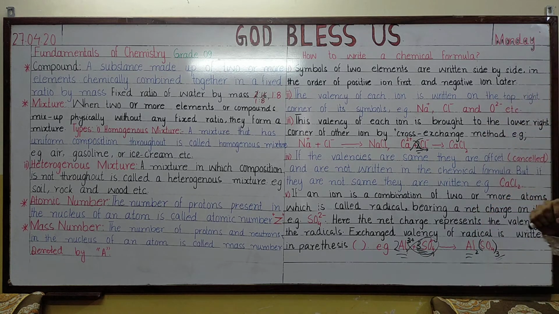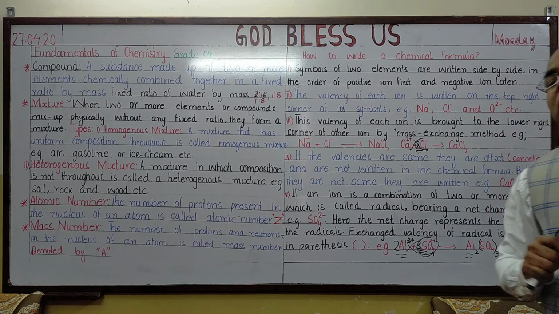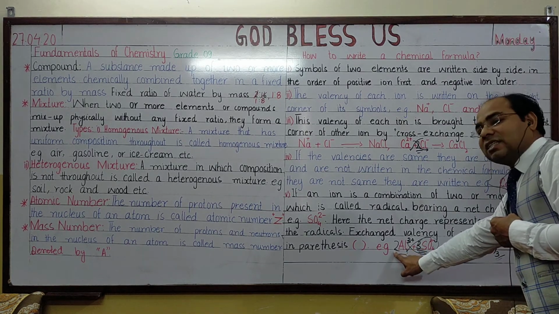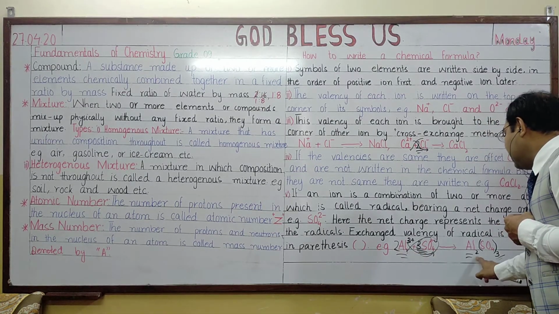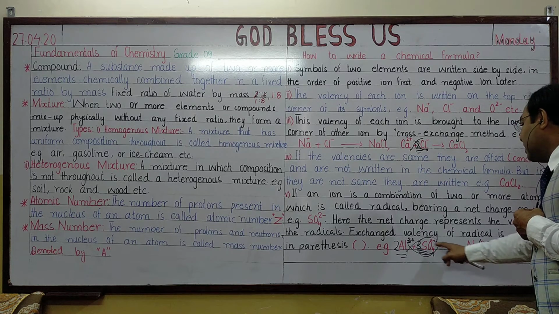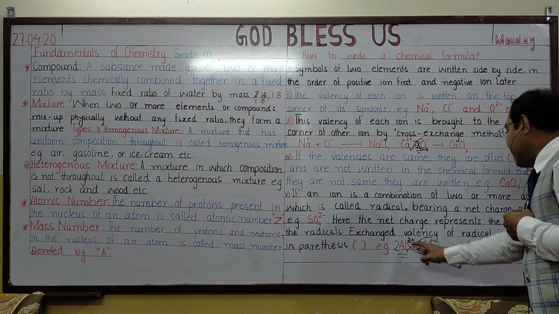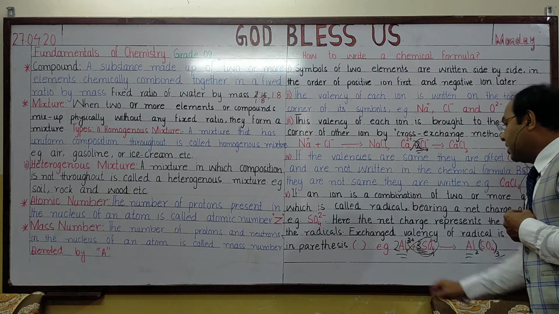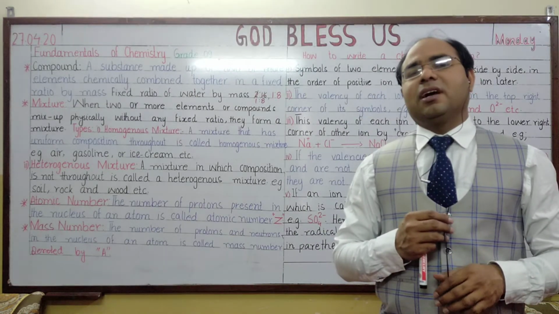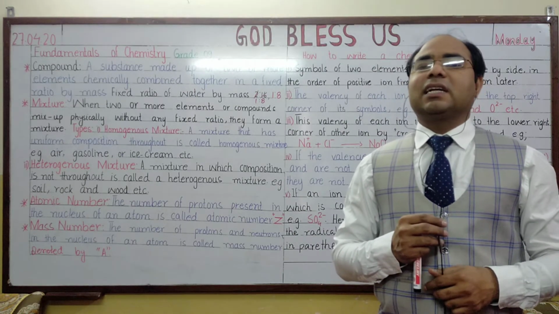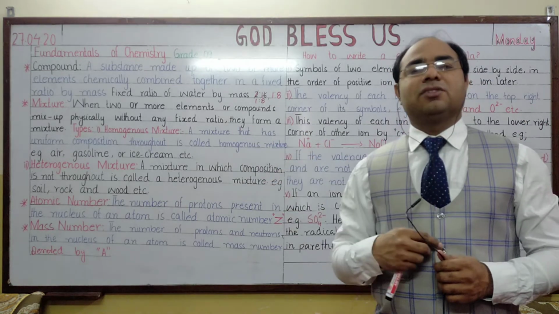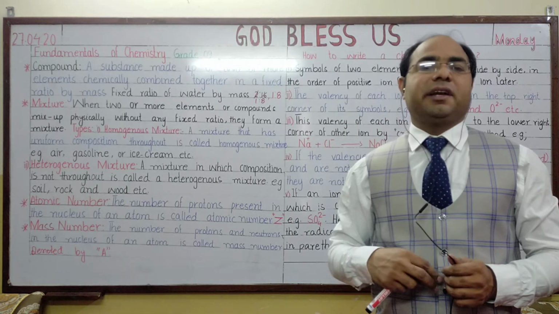Now 3 radicals are required for 2 ions of aluminium in order to make a balanced chemical equation. 2 things are indicated here: 2 aluminium ions, 3 sulfate ions, and at the same time they also indicate 3 valency shifted here, 2 valency shifted there. So point 5 says if the valencies are not the same, they are written as one aspect. The second aspect is if it's a radical, the valency that is shifted would be written in parentheses to the whole of that radical.